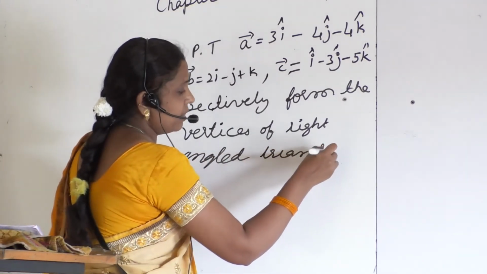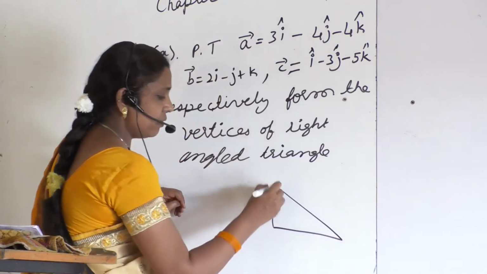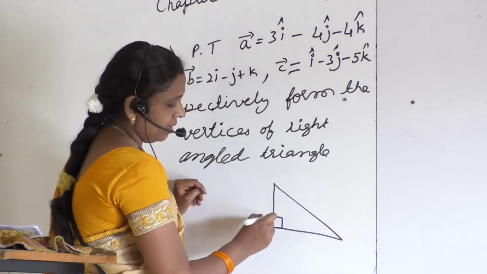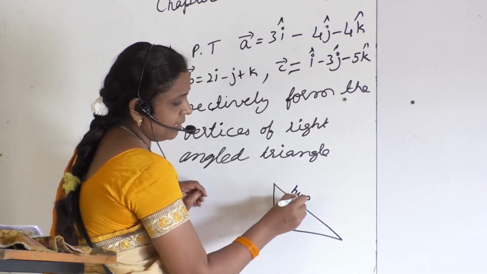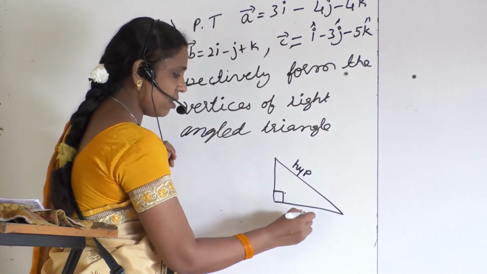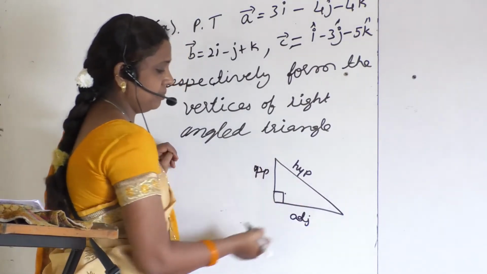So what are the properties of a right angled triangle? As you know, if this is the right angle, it's a right angled triangle. The side opposite the right angle is the hypotenuse, and the other 2 sides you can call adjacent or opposite, if this is our theta.